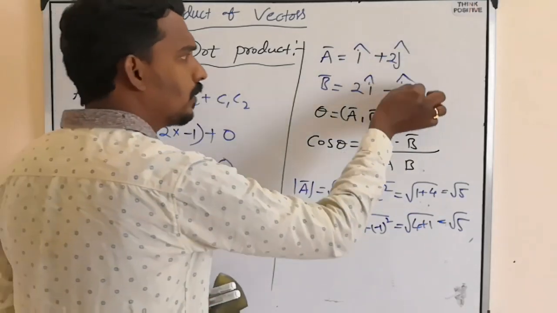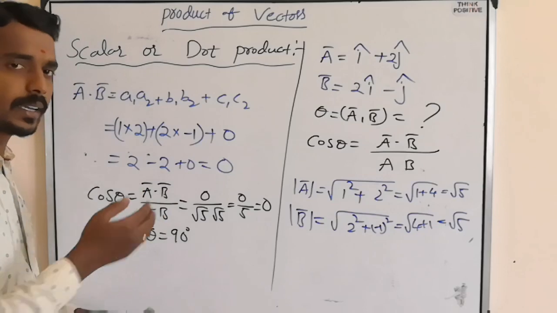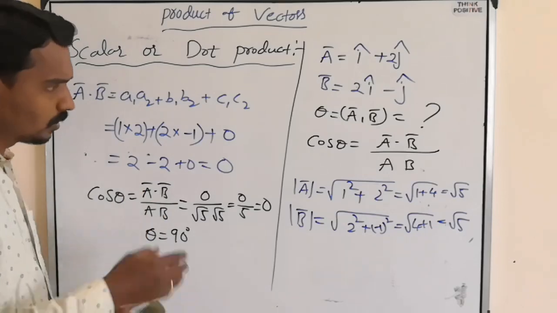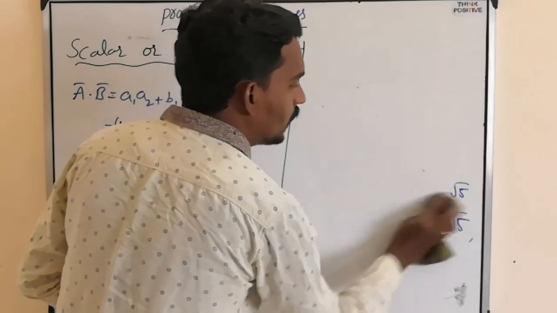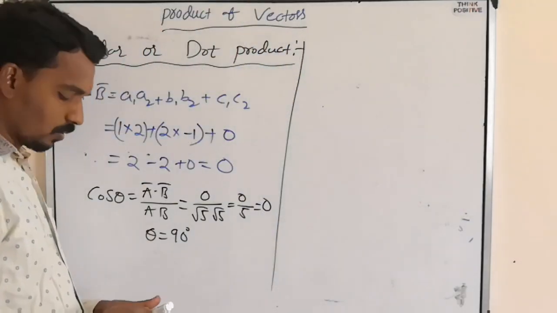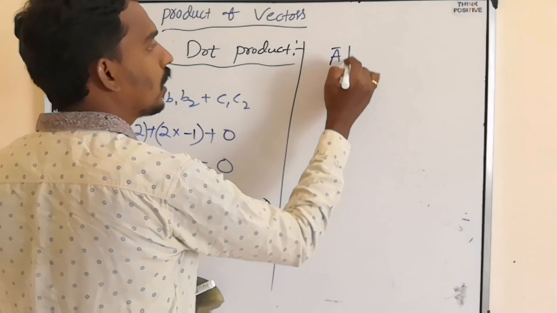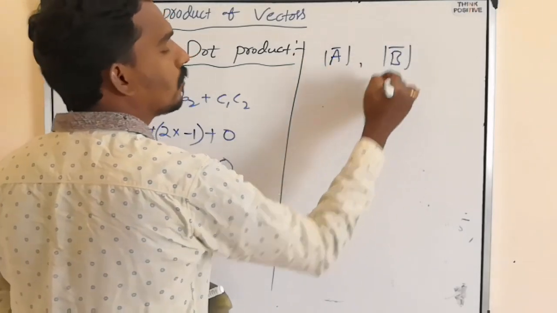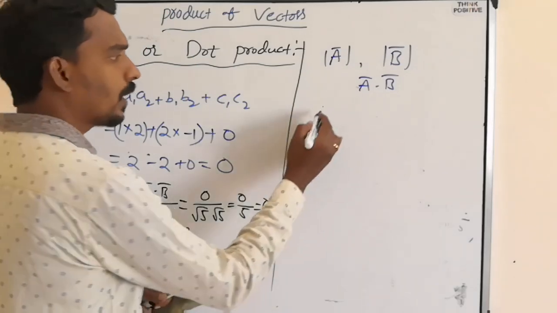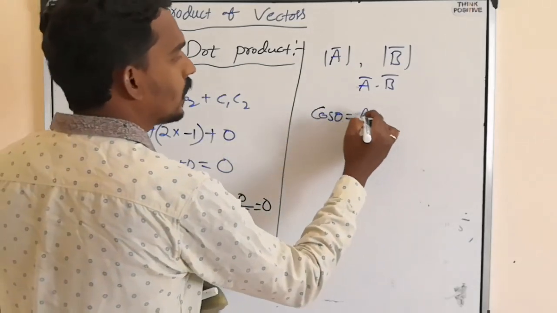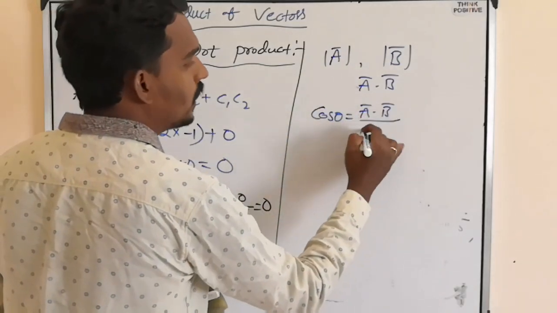So the angle between these two vectors is 90 degrees. This way you can find the angle between any two vectors. First find the magnitude of a bar, find the magnitude of b bar, then find a bar dot b bar. Then you find cos theta, that is a bar dot b bar by ab.